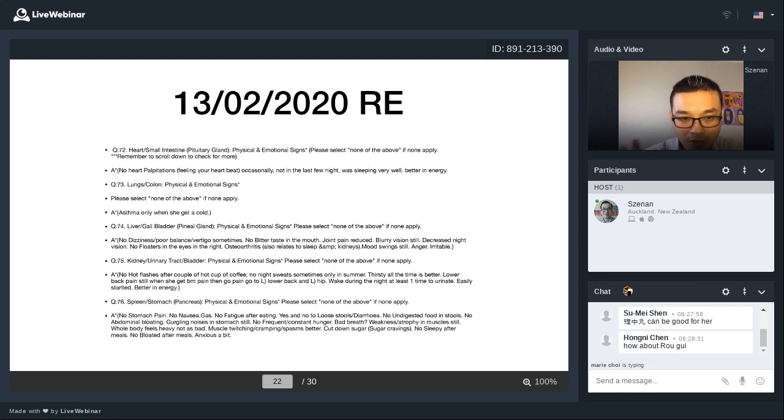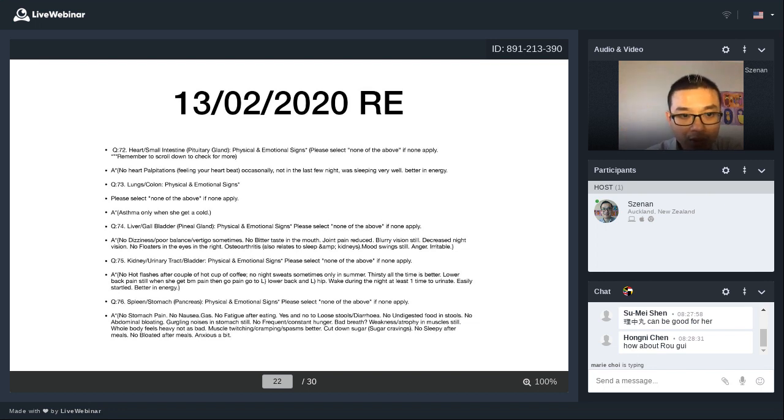She used to get vertigo and sometimes dizziness, and it hasn't been happening. No bitter taste in the mouth. Joint pain reduced a lot. The blurry eyes still the same. Decreased night vision still the same. No floaters in the right eye. It used to be floaters in there, but not anymore.